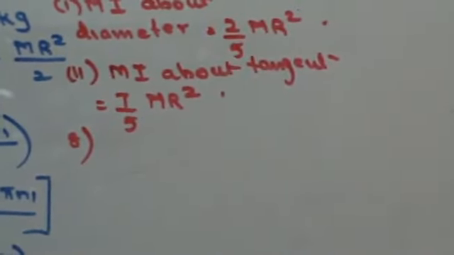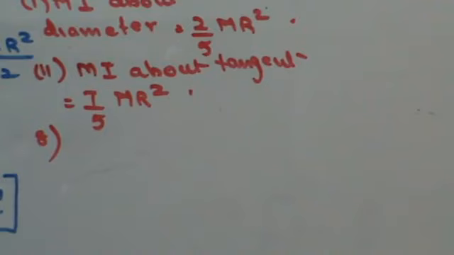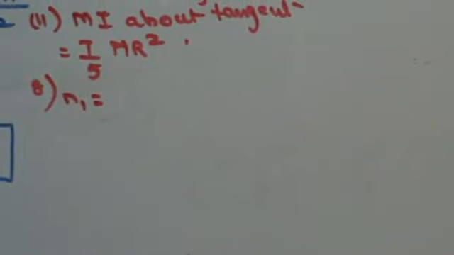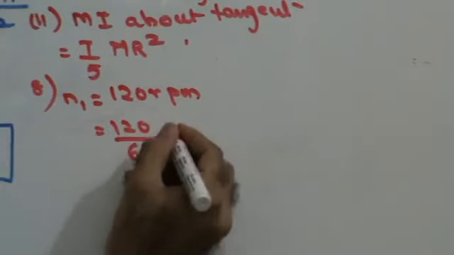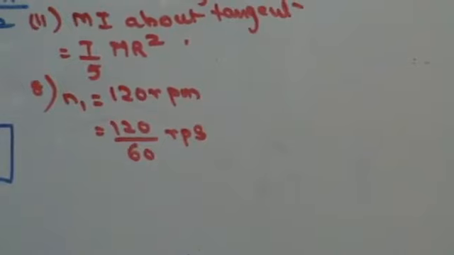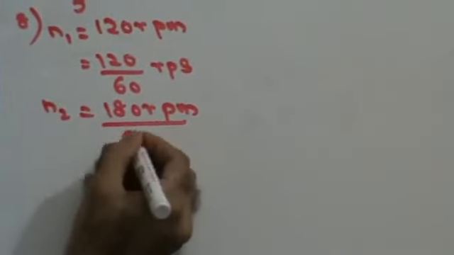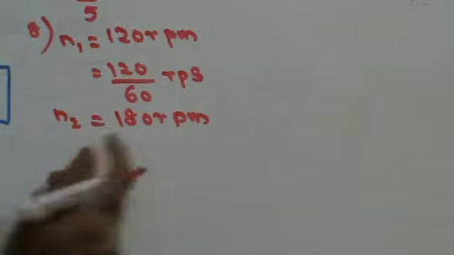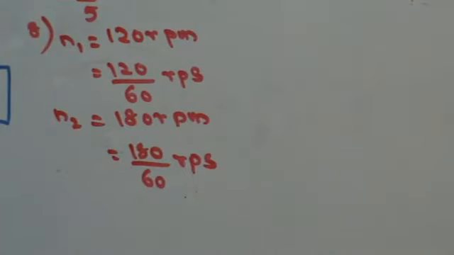Next, take on next one please. The speed of rotation of a body increases from 120 rpm to 180 rpm in 2 minutes.